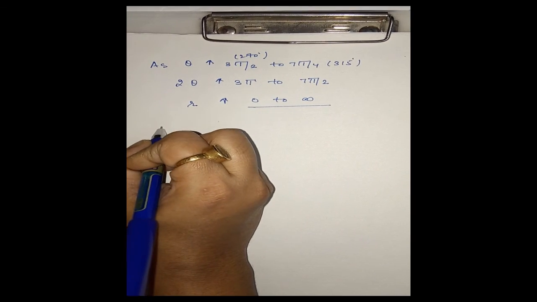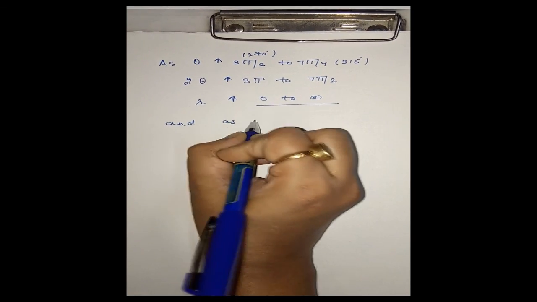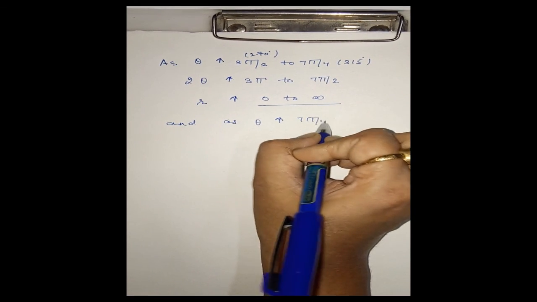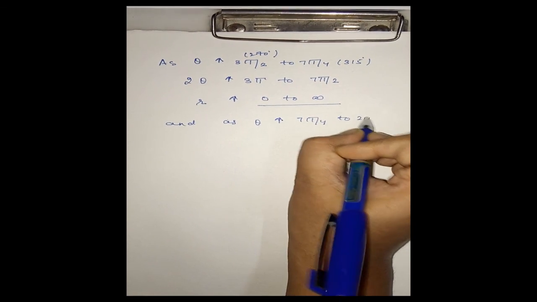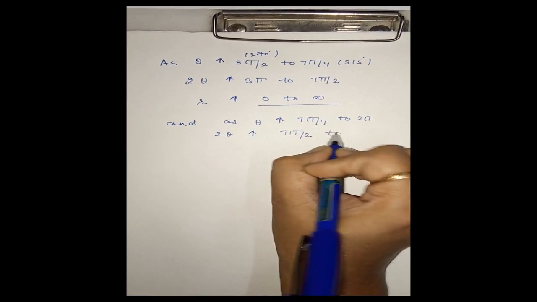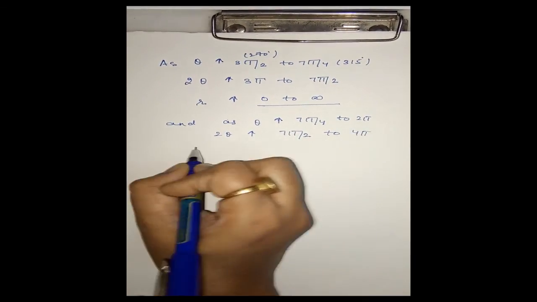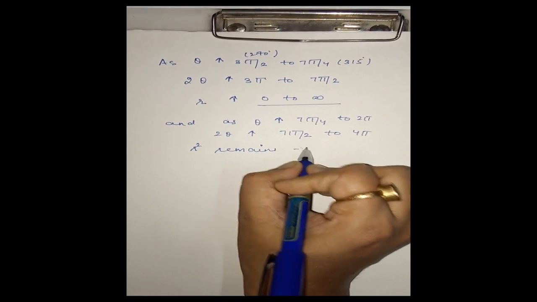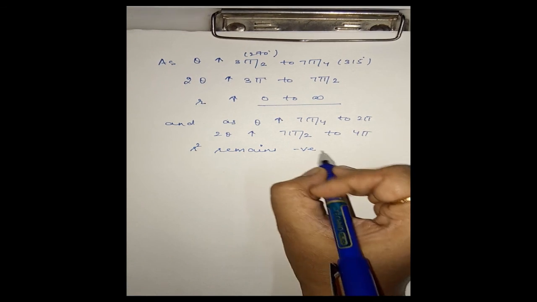As theta increases from 7 pi by 4 to 2 pi, 2 theta will increase from 7 pi by 2 to 4 pi and r square remains negative. Here also we can easily check r square remains negative.